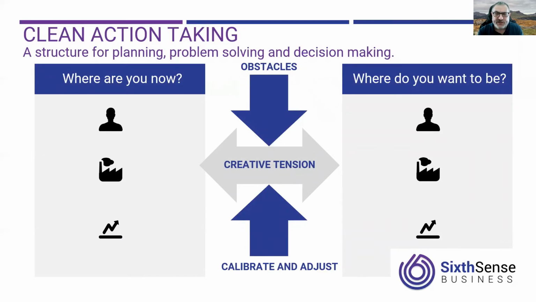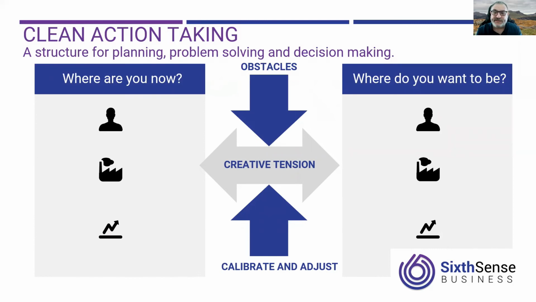Because if a good decision is a decision that results in action, motivation has to play a role in the decision making itself. It's not just good enough to go, right, the right thing to do for the business now is to implement this strategy, if you're then not going to have the motivation or the will to execute the strategy itself. So we've got to be clear about where are we now and where do we want to be.